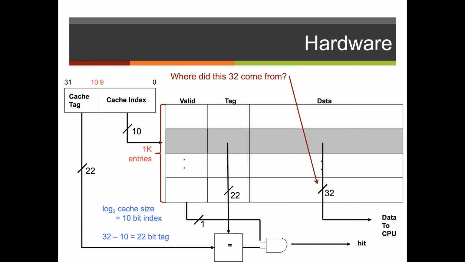And so let's interpret how the memory addresses are stored. With the 32 that we need to use from data to the CPU, you want to consider that the cache data is going to be the width of the memory to CPU bus.